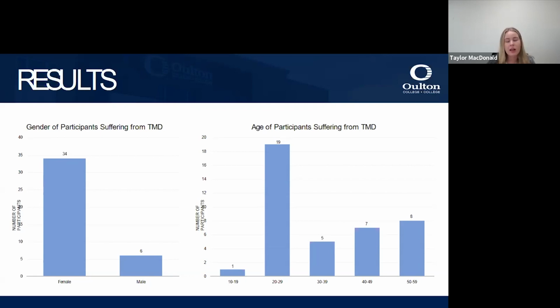And as for the age of the participants suffering from TMD, the largest age group that responded to our survey was the age group of 20 to 29-year-olds, followed by the age group of 50 to 59-year-olds. So that also correlates well with the childbearing ages and the menopausal ages.